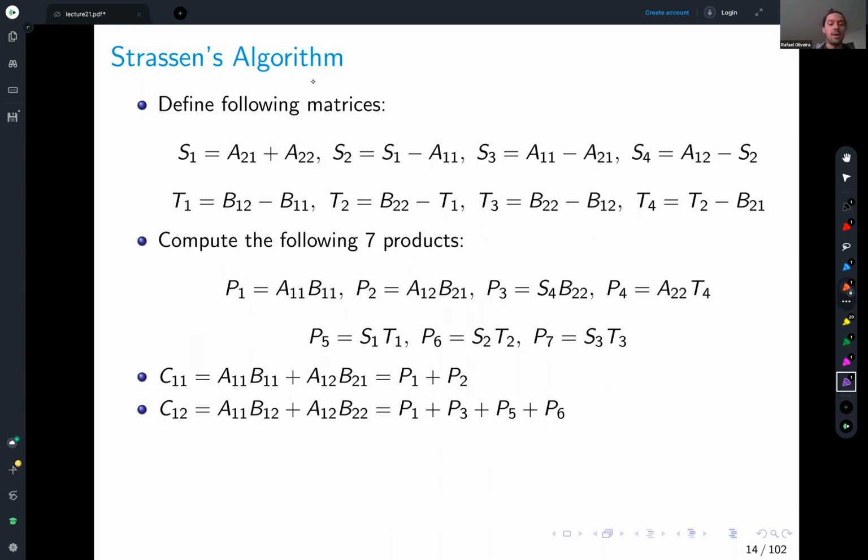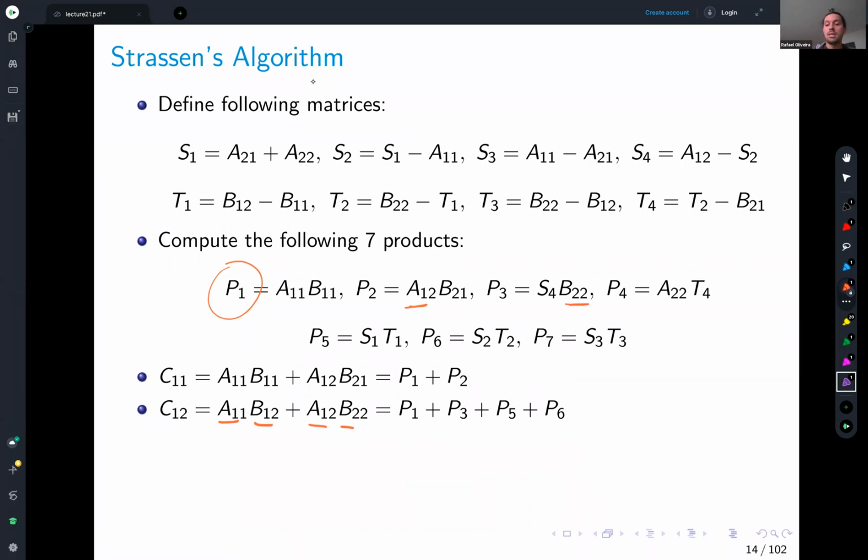Well, C12 is A11 times B12 plus A12 times B22, right? Now, how do we compute this? So let's look at the products that have A11, B12, A12, and B22, and let's see if we can combine them, right? So certainly P1 can be involved. P2 could be involved because it has A12. So P3 can be involved.